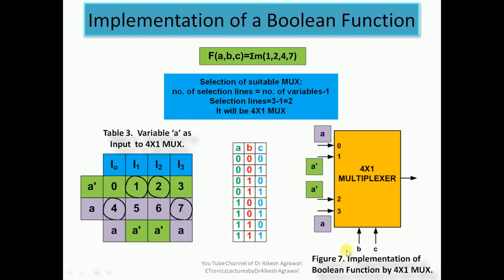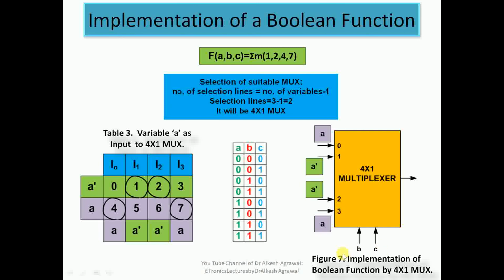A is 1, B and C are 0 0, so we get M4. Then when C is 1, B is 0, that is 0 1, this A dash is selected, A dash means 0. So what we get is 0 1 0.